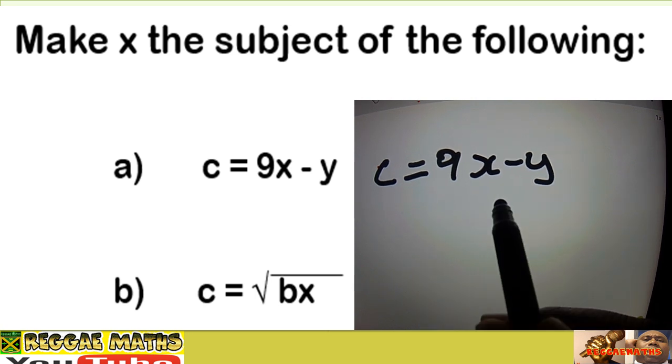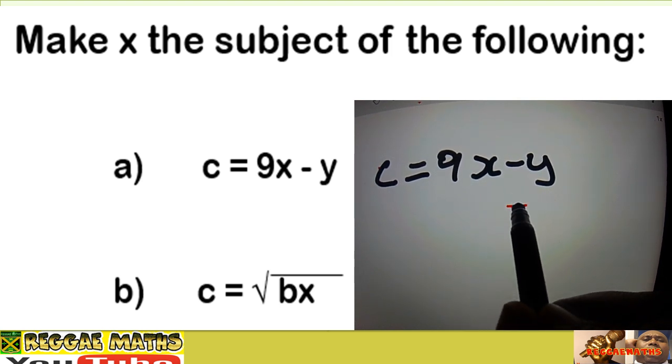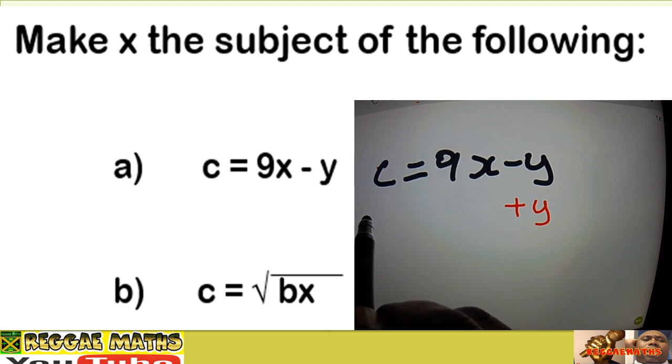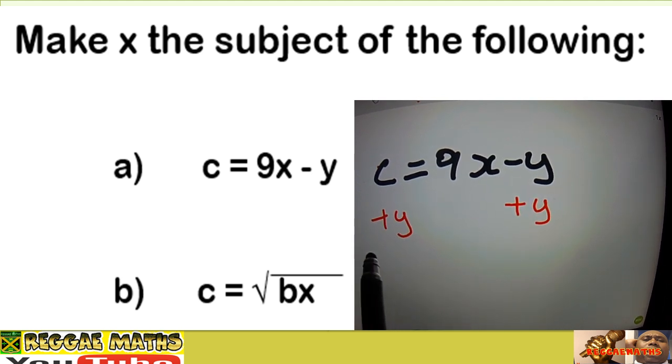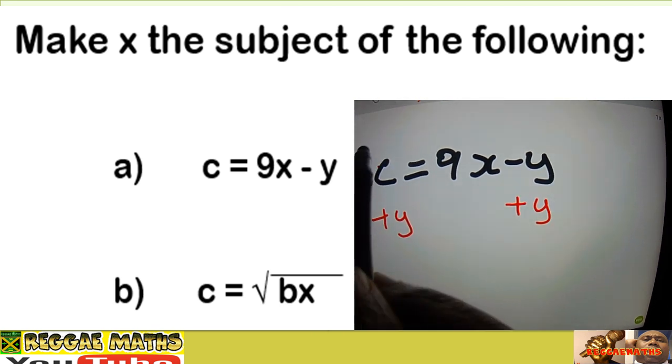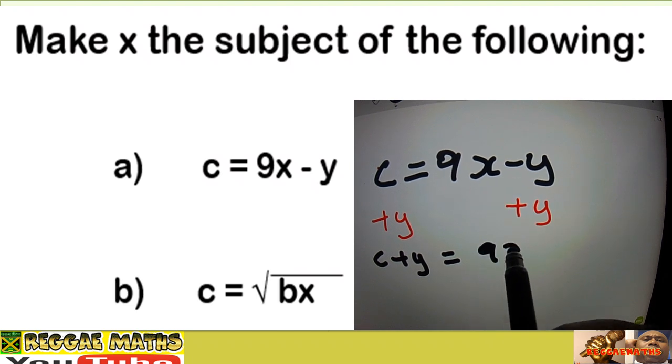So in this case here we need to get rid of the minus y. So what do I need to do to both sides? I'm going to add y to both sides of the equation. Okay, and I use this to actually help you. So you got c plus y equals 9x.